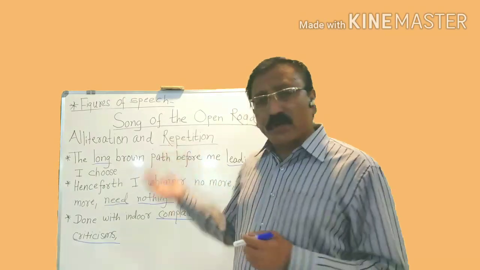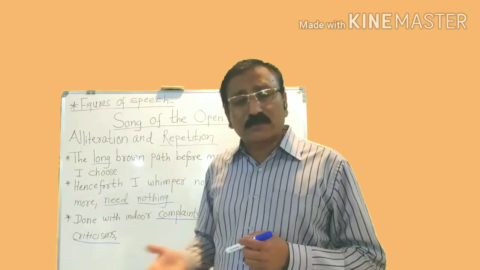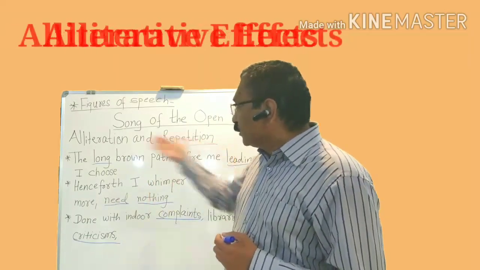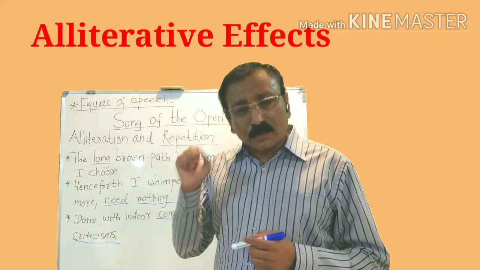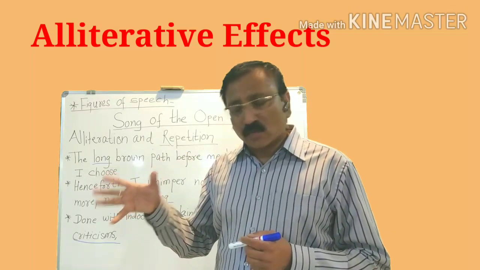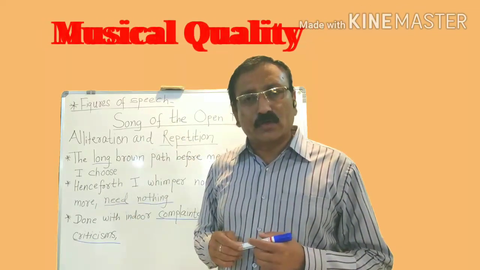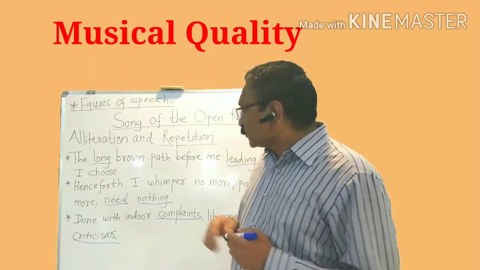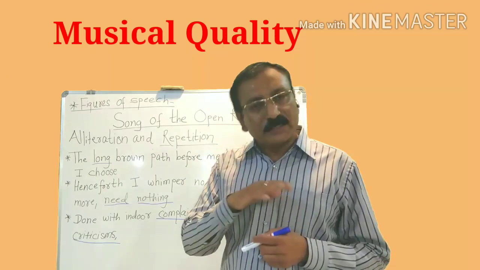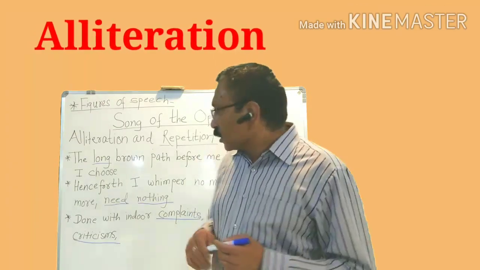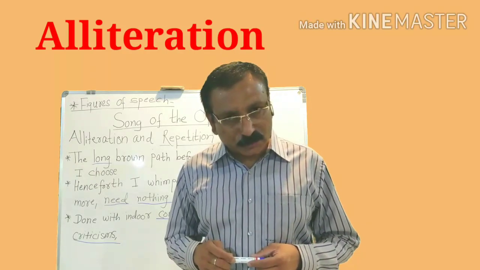So, many poets, many authors, even many companies make use of this alliterative effect when they give names to their products or when they try to enhance the musical quality of a poem. So this is how we have discussed the figure of speech alliteration in detail. I hope you have understood the figure of speech alliteration.